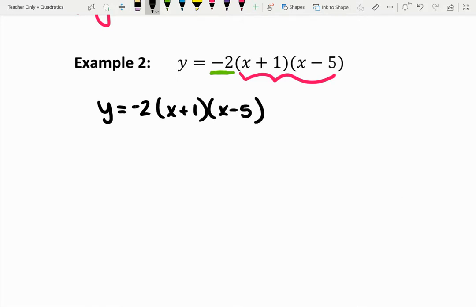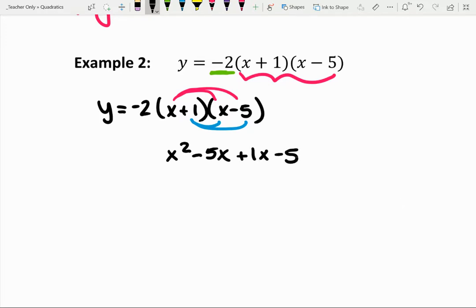If we're going to use double distribution, I'm going to start by distributing x to x and negative 5. That gives me x squared, and x times negative 5 is minus 5x. Then multiplying 1 times x and 1 times negative 5 gives me plus 1x minus 5.